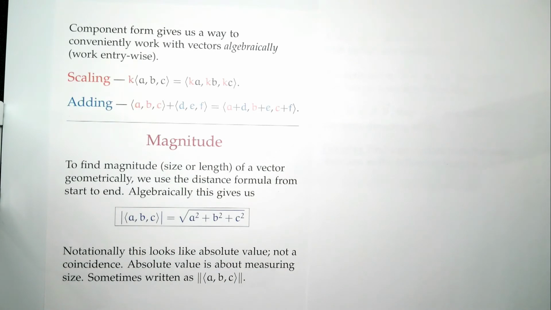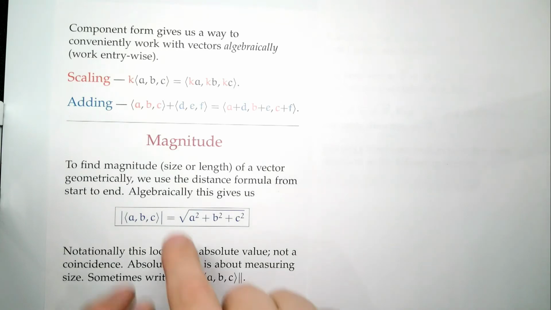Intuitively, this makes sense because if I'm scaling, I'm multiplying my change by a certain amount, by k. So I'd multiply my change in each direction. My change in the x would be k times as large, my change in the y, k times as large, and my change in z would again be k times as large.